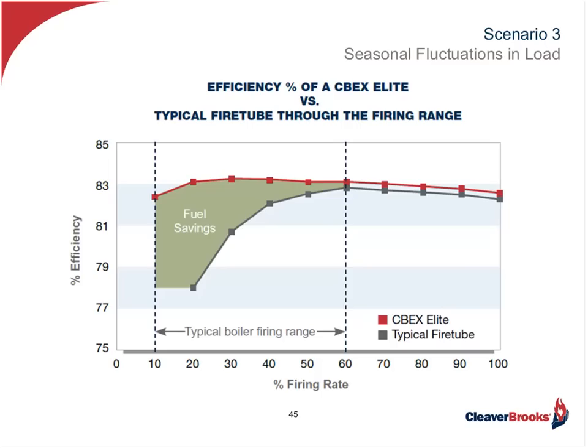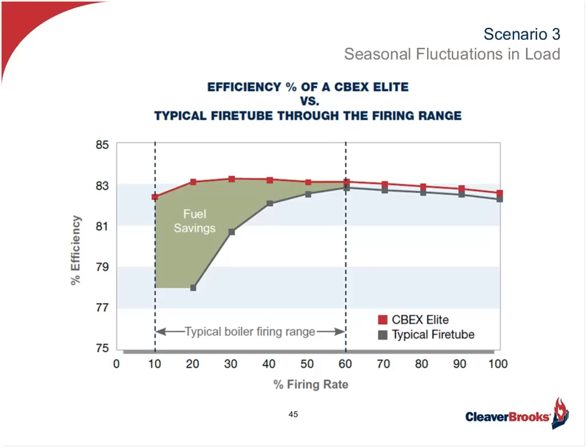Now this can be difficult in the colder climates where we have a combination of process and comfort heating. But in these situations, when we shed the comfort heating in the summertime, the boiler often loafs along in the low fire range and well off the sweet spot and may cycle several times an hour. These are all very inefficient conditions.